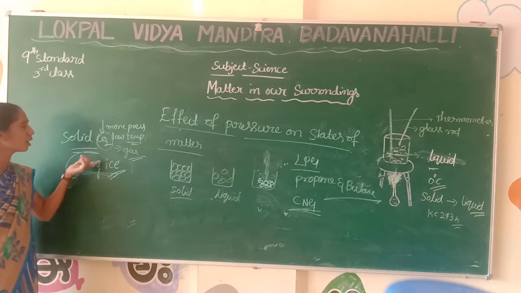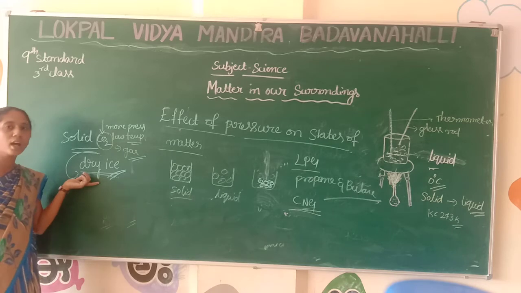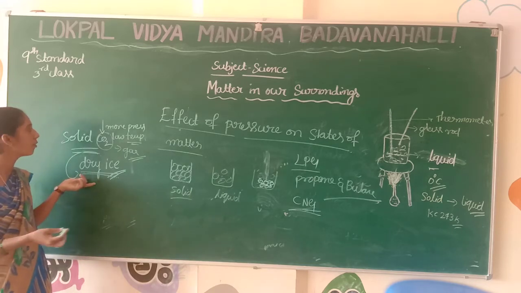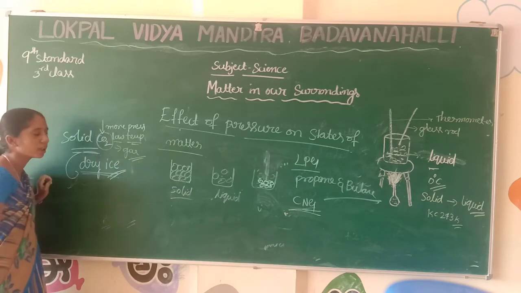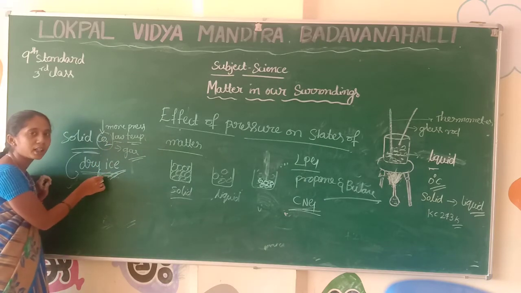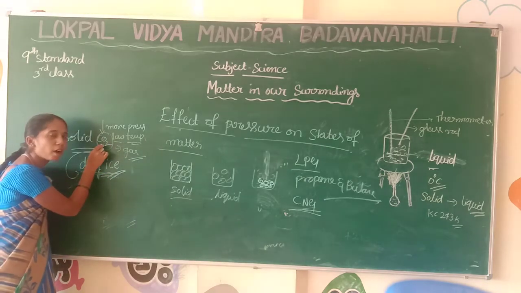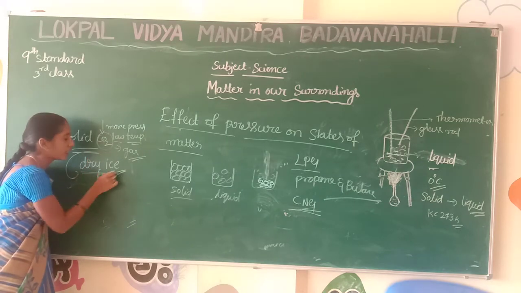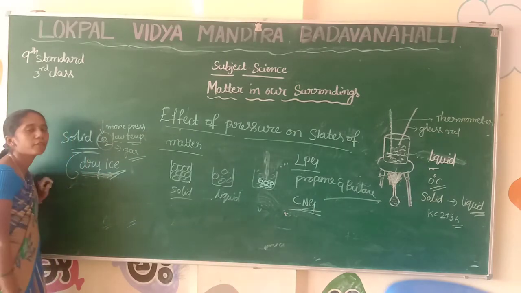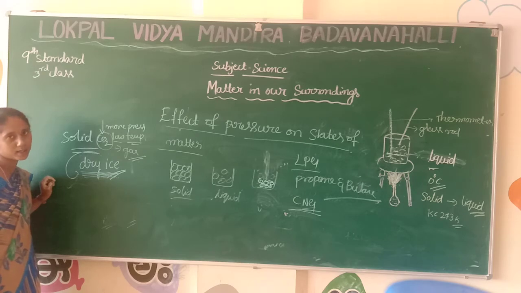This is also one of the examples for the interconversion of states, gaseous form of matter into solid form. At high pressure, the gaseous form of carbon dioxide gets converted into the solid form, dry ice.